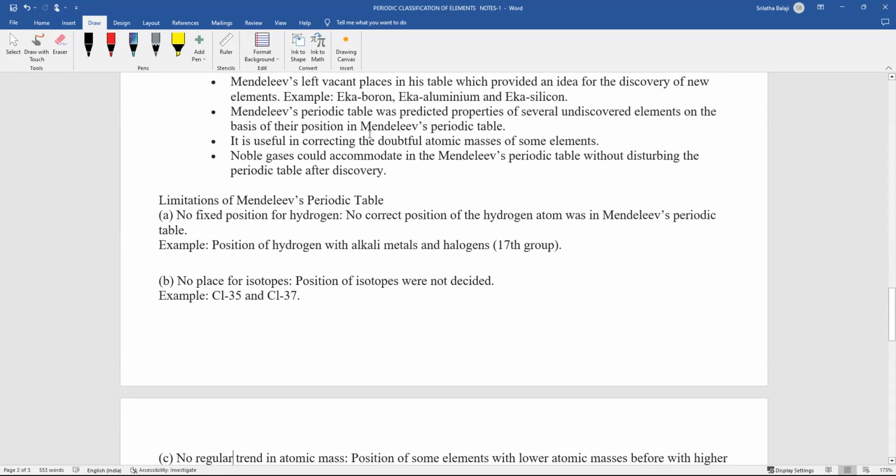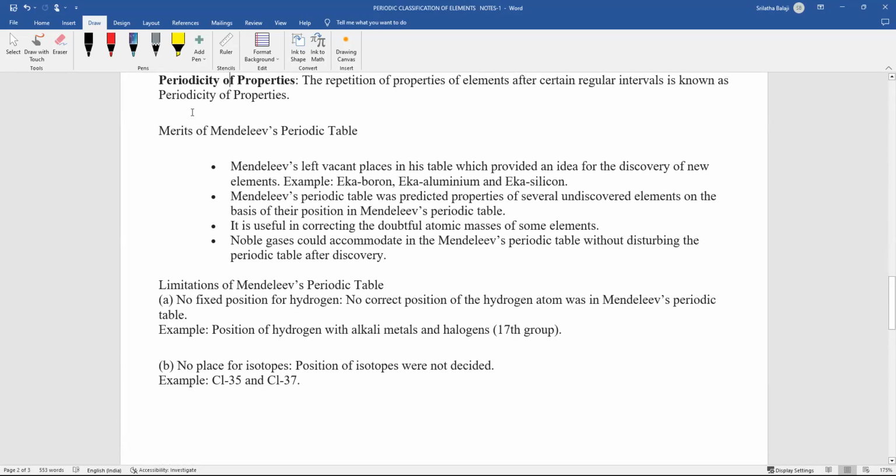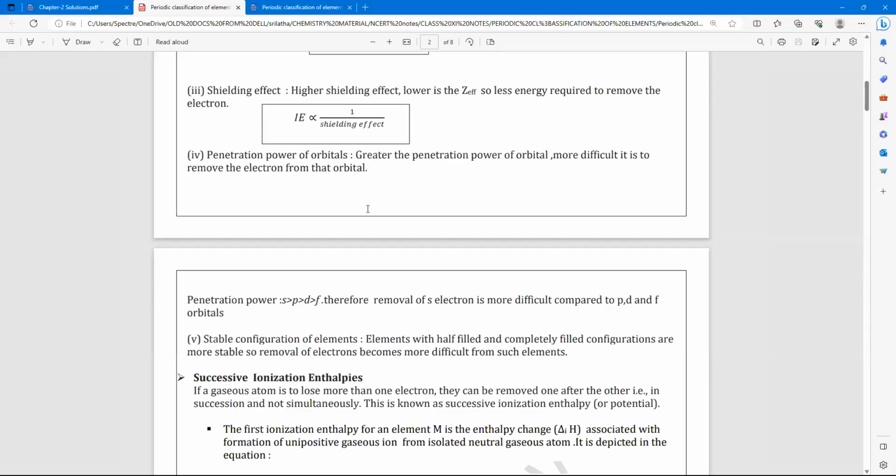So he came up with a tabular column which has 8 groups and 6 periods, where he subdivided each group, if you see your textbook, into subgroups of A and B. This is a periodic table, given in your textbook.